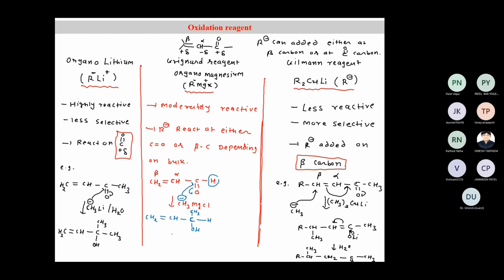But if you have bulky reagents, suppose you have this type of bulk, a phenyl ring, which is bulky, then the reaction can take place at the beta carbon.